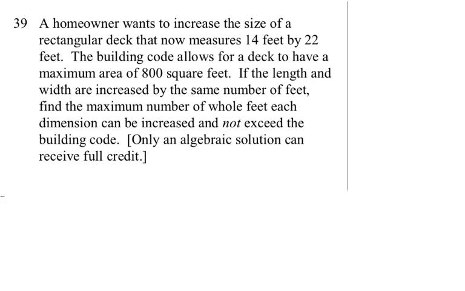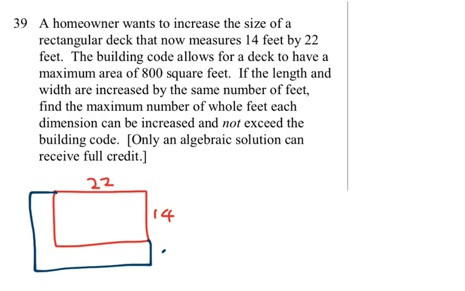Number 39 here. So here we have an original rectangular deck that is 14 by 22, but we'd like to increase them by the same measure of length and width. So we're going to simply assume that it is equal to x.